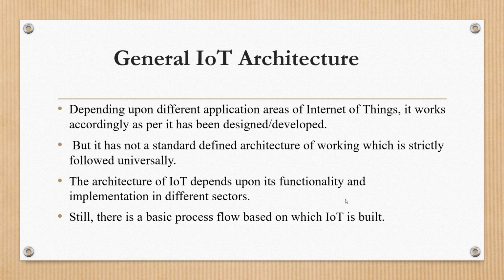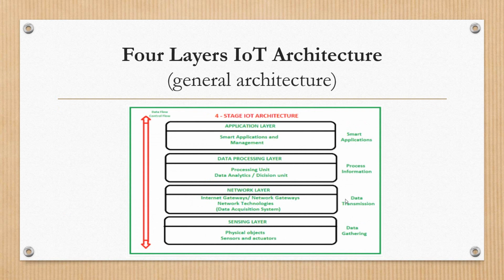So first we have the basic or general IoT architecture. This basic or general IoT architecture comprises 4 layers, where the first layer is called the sensing layer.